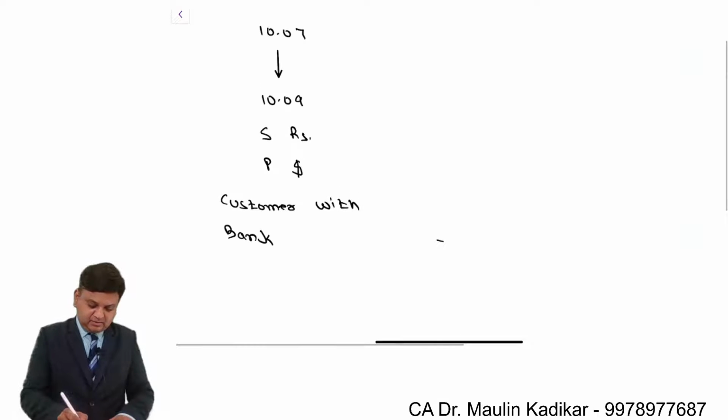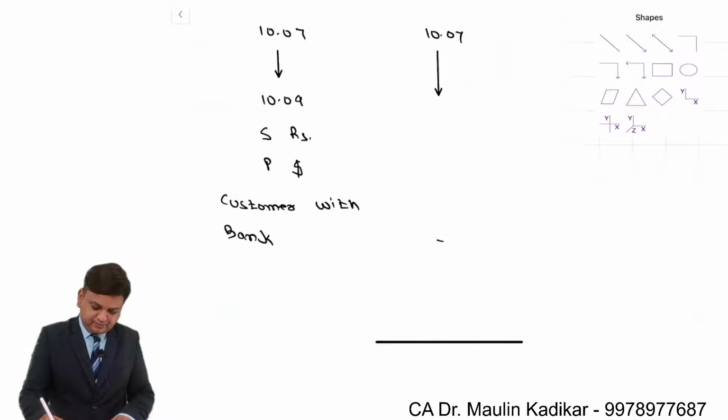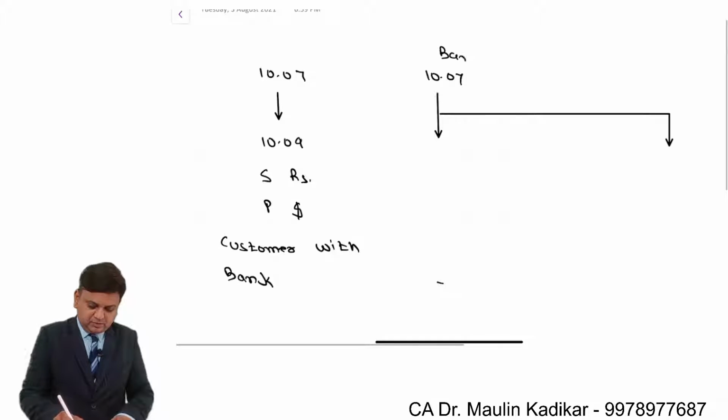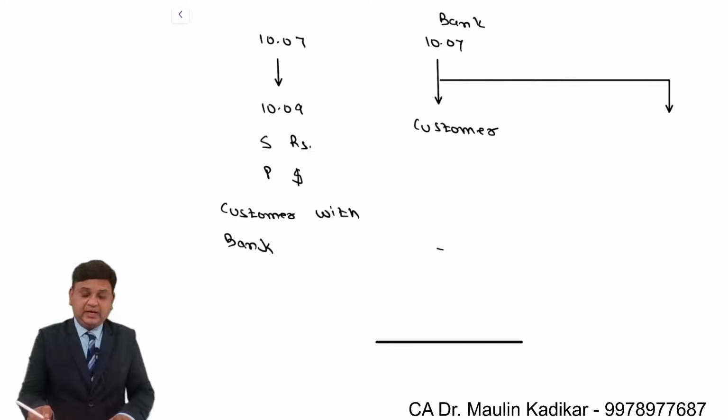On the same day, that is on 10th of July, for 10th of September, from the bank's point of view, there are 2 contracts which have been entered upon. One is with the customer and another is in the interbank.